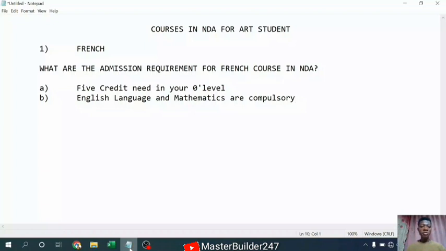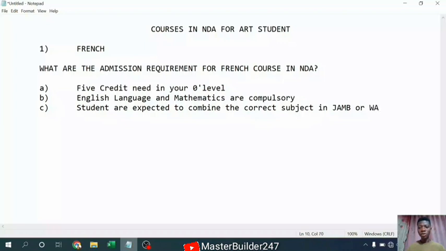The third criterion that you need to apply for the French course in NDA is that students are expected to combine the correct subjects in JAMB, WAEC or NECO.